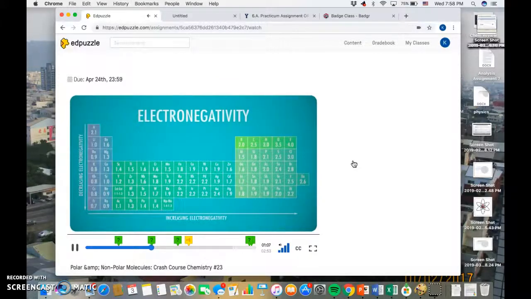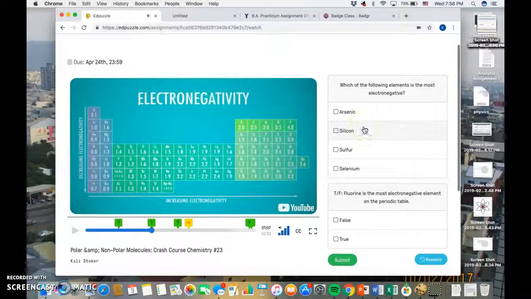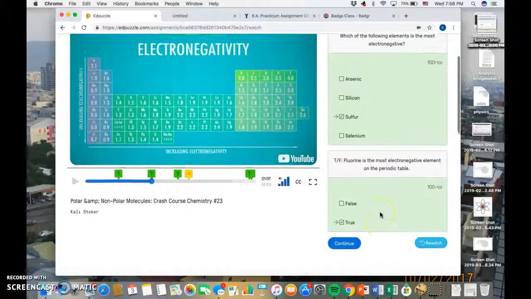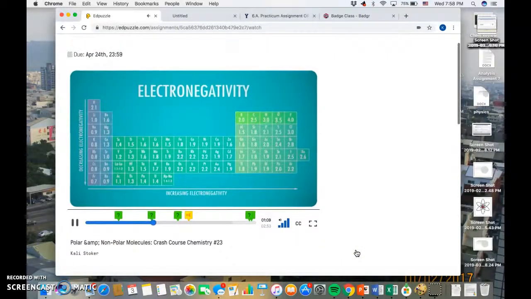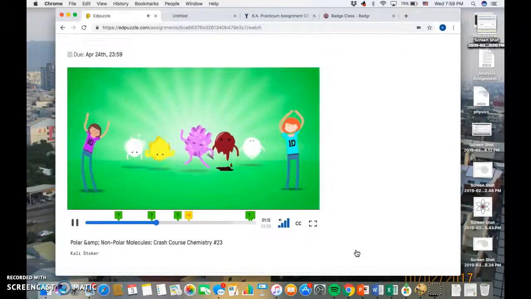The upper right is where all the superstars of electrofame are. Oxygen, nitrogen, fluorine, chlorine, and bromine are basically the One Direction of the periodic table.